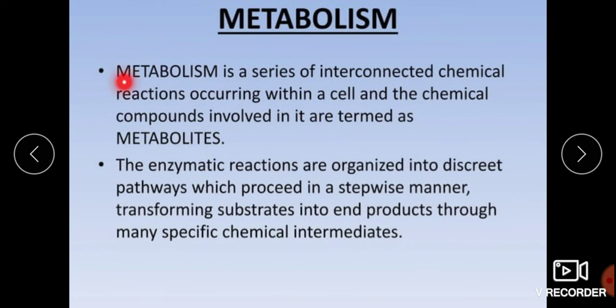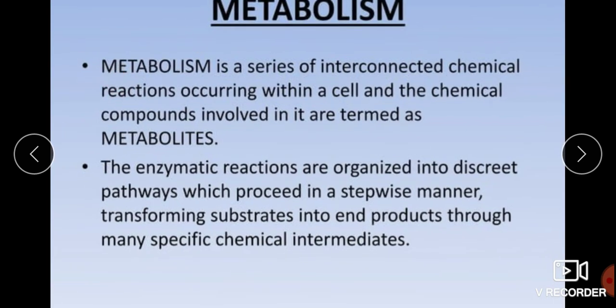Metabolism is the sum of all the chemical reactions occurring in a cell, and the chemical compounds involved in metabolism are called metabolites. Metabolism is subdivided into two types of reactions, that is catabolism and anabolism.